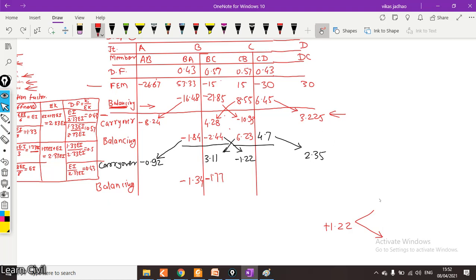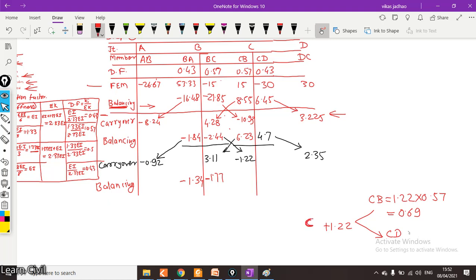For CB, it is 1.22 into 0.57, which equals 0.69.